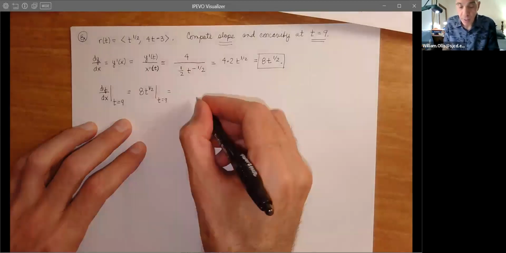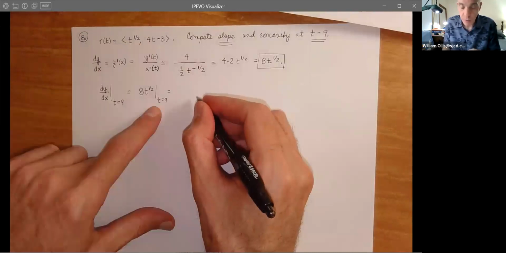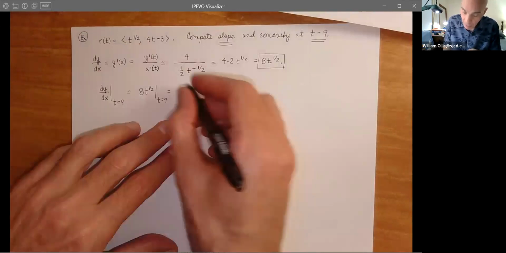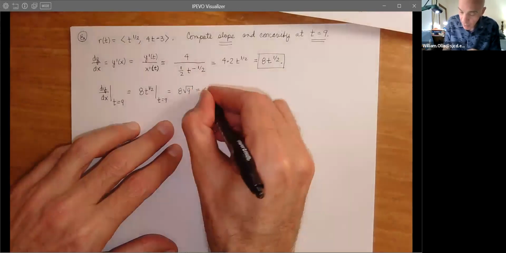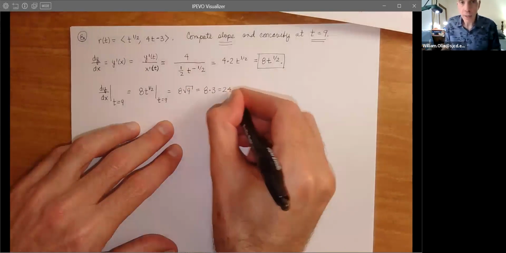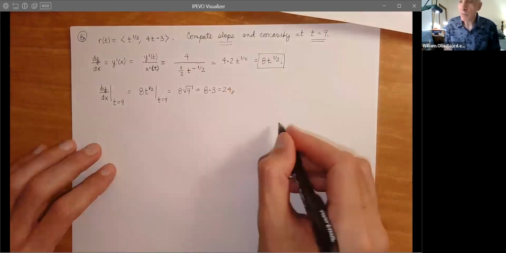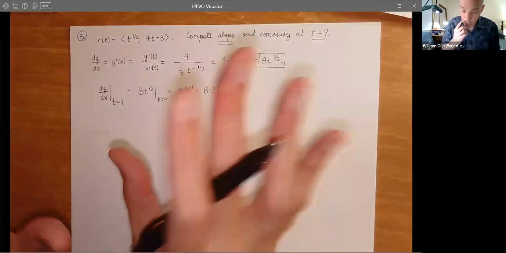Or you could put the coordinates, but we don't really need those since this is all in terms of t. So this will be 8 times the square root of 9, which is 8 times 3, which is 24. Okay, so very standard, very straightforward, but different from what we're used to.